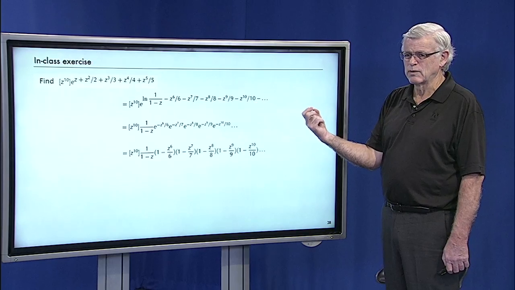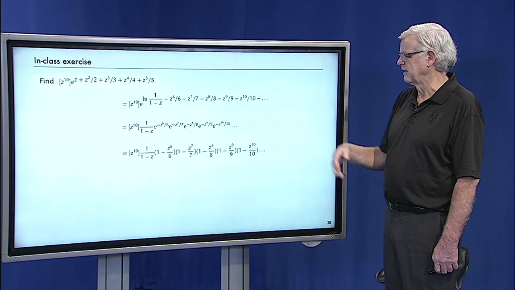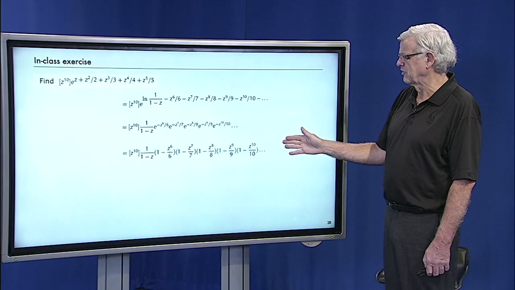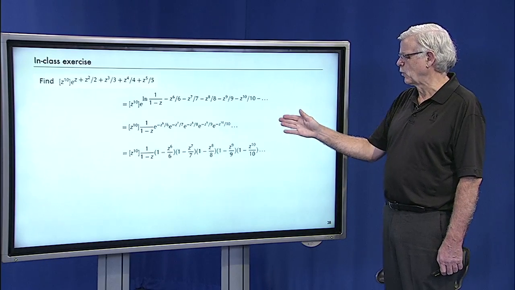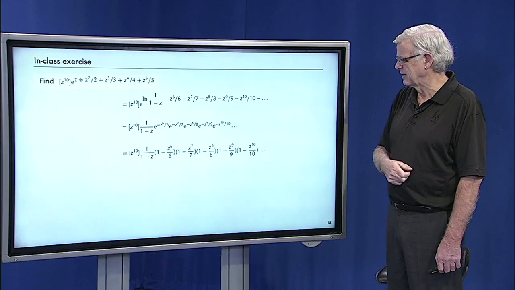So anything that z to the 12th multiplies by is going to be bigger than z to the 10th, and we don't even need to carry that term. So this is exactly an equality. We just keep the ones that could possibly contribute to the coefficient of z to the 10th.